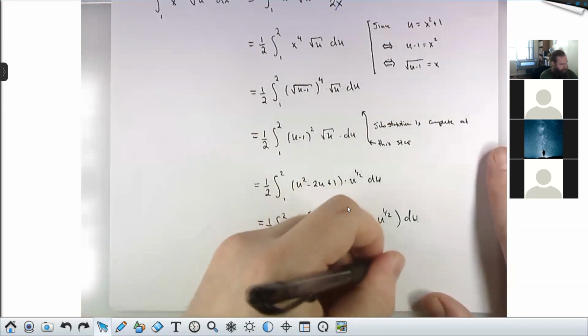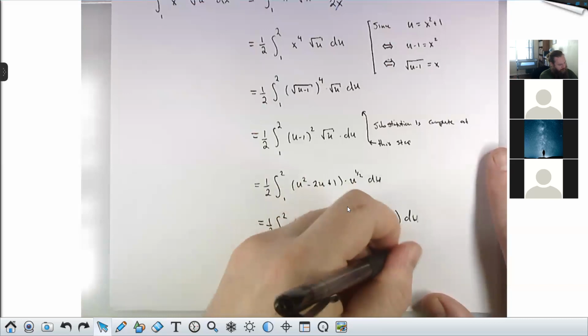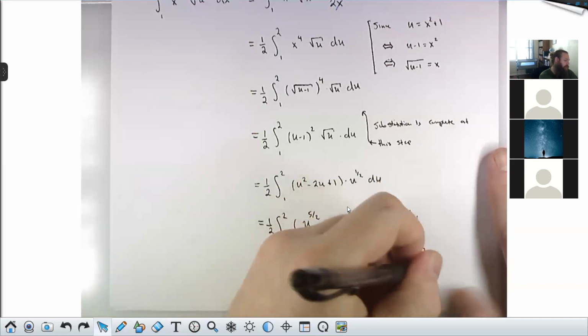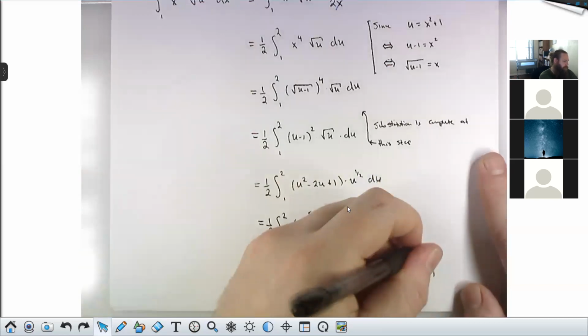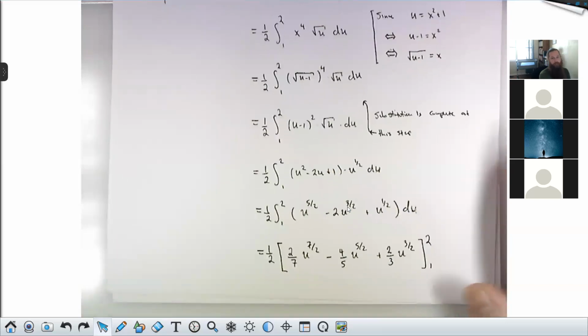And this will become 2/3 u to the 3/2, and everything gets evaluated from 1 to 2. The 4 in this 4/5 is coming from the 2/5 and this 2.